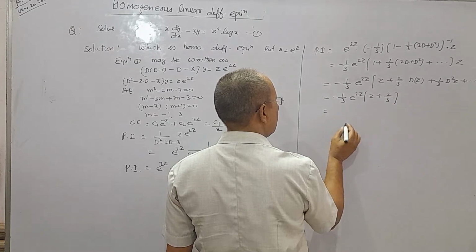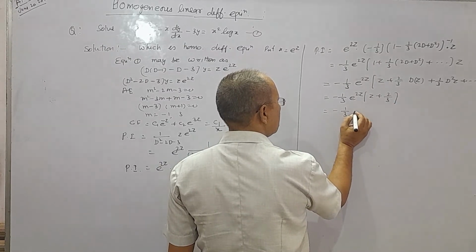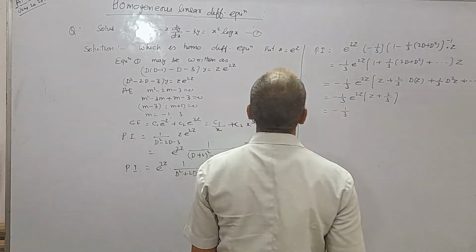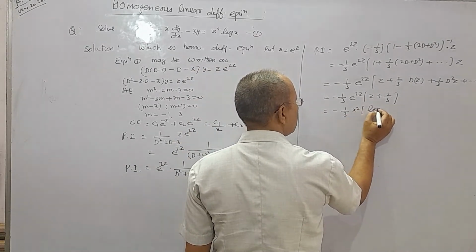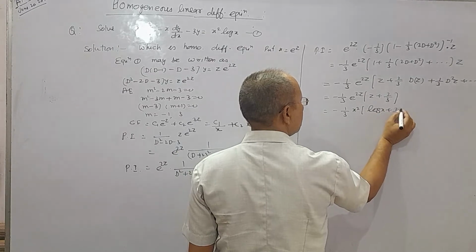Putting the values of z and e to the power z, PI is x square into log x plus 2 upon 3.